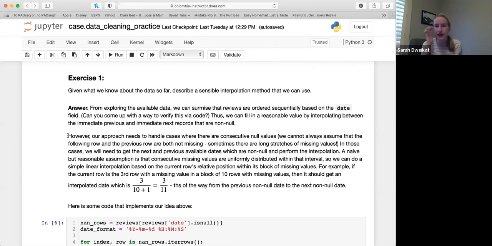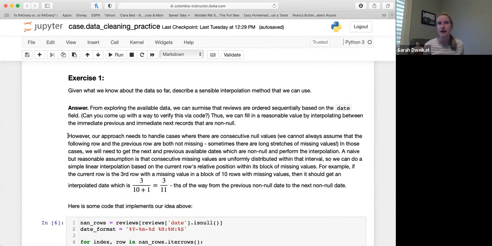So there were some great answers for how we would fill in this missing data. If we know that the date is organized in our data set chronologically, going in order from earliest to latest, then we can write some code here that will help us fill in those values in increments.